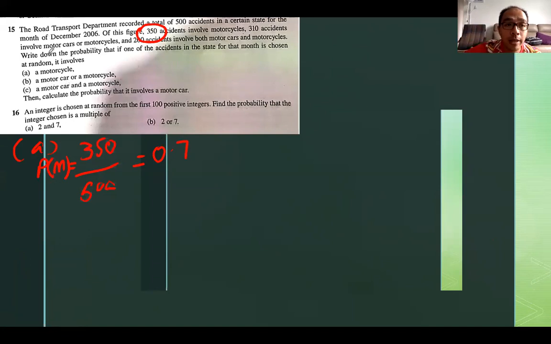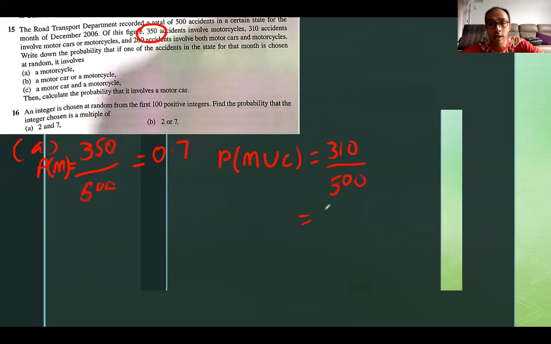The probability of motor car or motorcycle, which is given here: 310 accidents involve motor cars or motorcycles. So this is P of motorcycle or motor car, which is 310 over 500, which will give you 0.62.